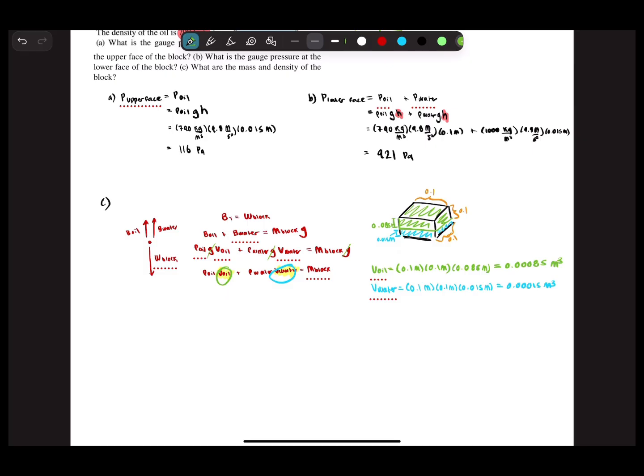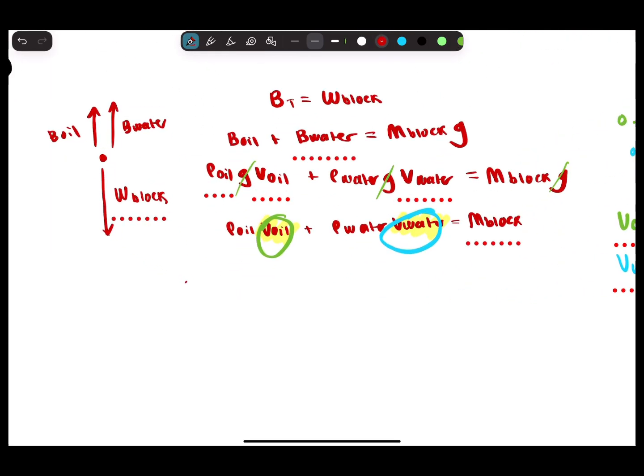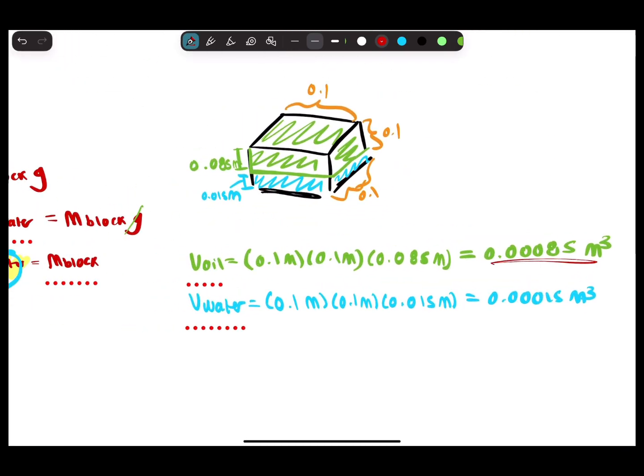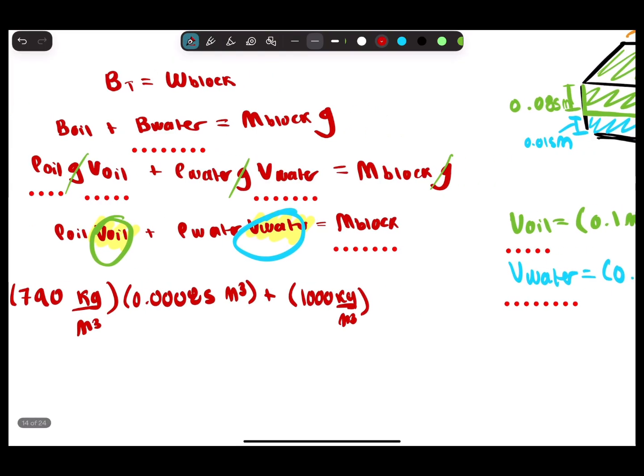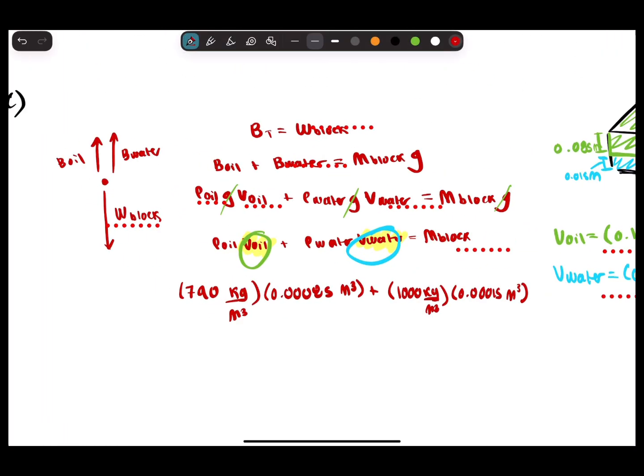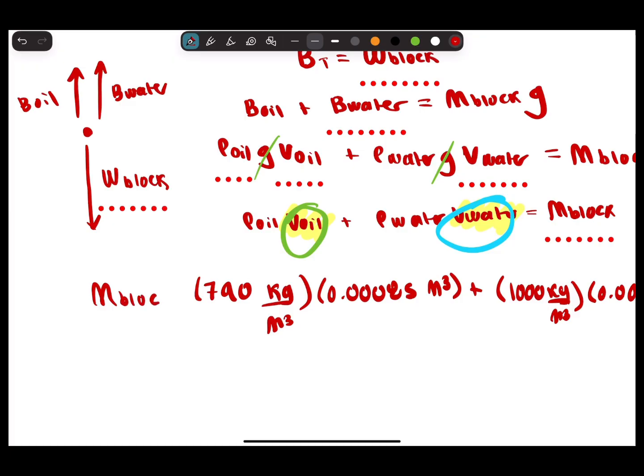So now I'm going to plug in all of these numbers. Okay, so rho oil we established is 790 kilograms per meter cubed. Volume of oil displaced is 0.00085 meters cubed, plus rho water, 1,000 kilograms per meter cubed, times the volume of water displaced, which is 0.00015 meters cubed, and all of that equals the mass of the block.